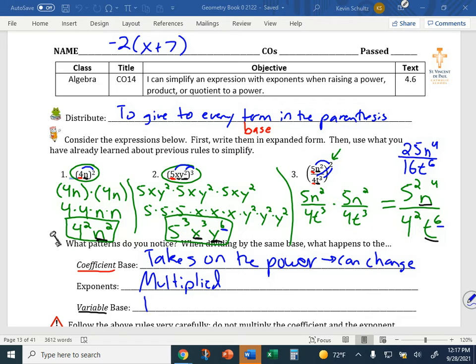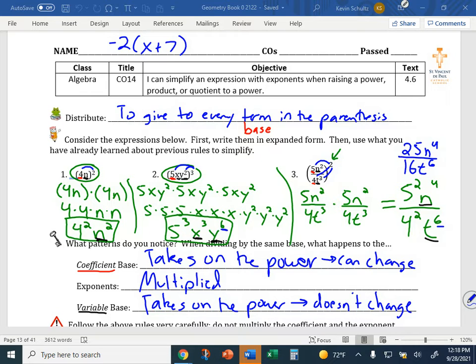Very good. The variable base also takes on the power, but this one does not change. Okay, it remains a variable, just as every other rule we've seen so far, with the exception of the zero power property, because that does change the base.